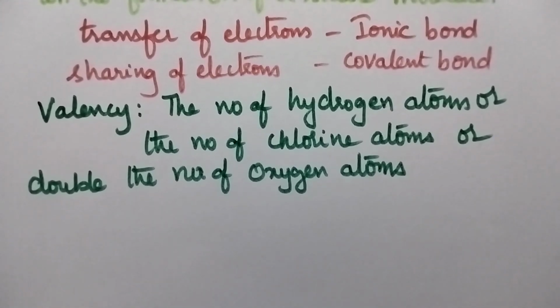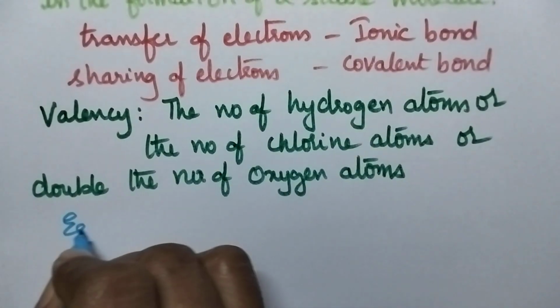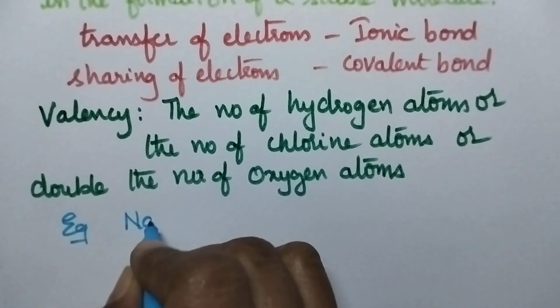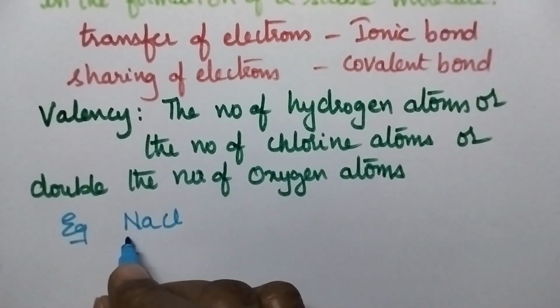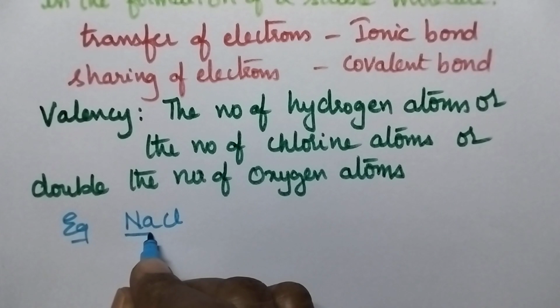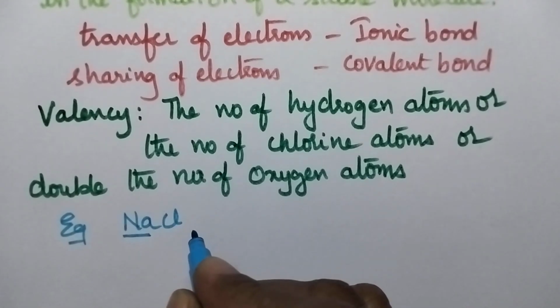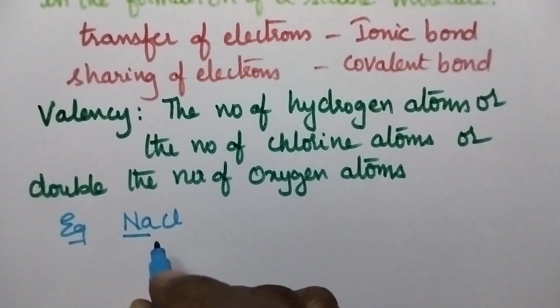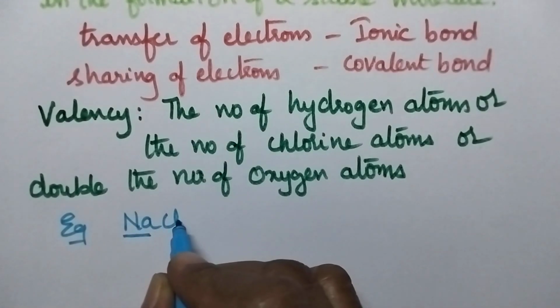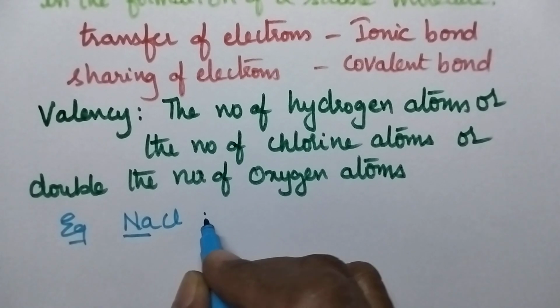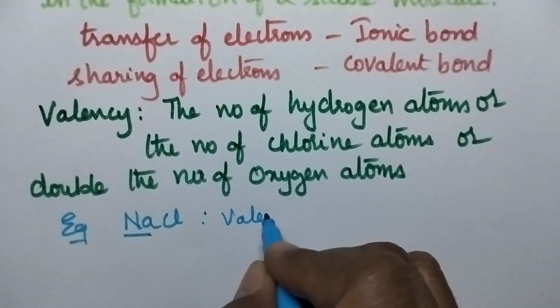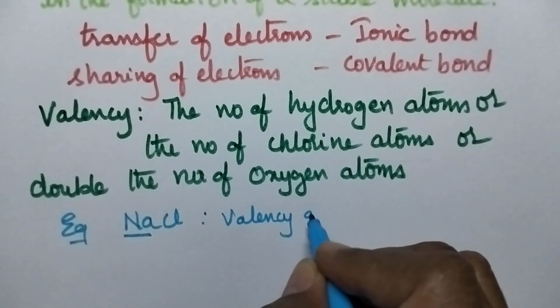Let us consider a few examples. If we consider NaCl, the valency of sodium can be calculated by knowing how many chlorine atoms are required. Here sodium reacts with only one chlorine atom, and hence the valency of sodium is 1.